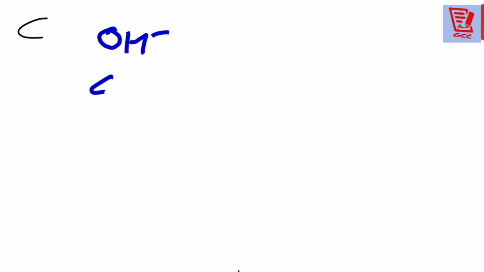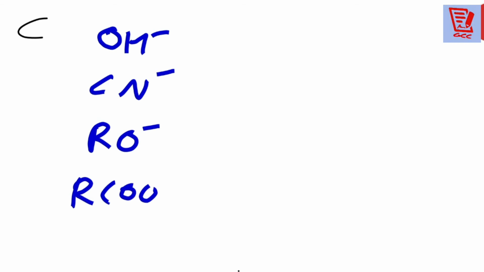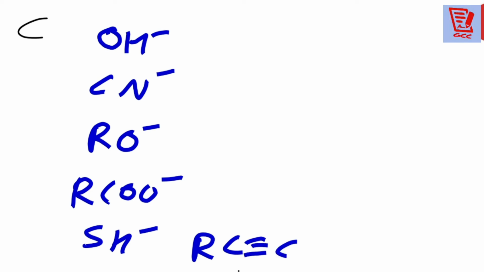Now I am writing some nucleophiles for you. OH negative is a nucleophile, CN negative is a nucleophile, RO negative alkoxide ion, RCOO negative, SH negative, like this. Same way RC triple bond C negative. These are the negatively charged nucleophiles.